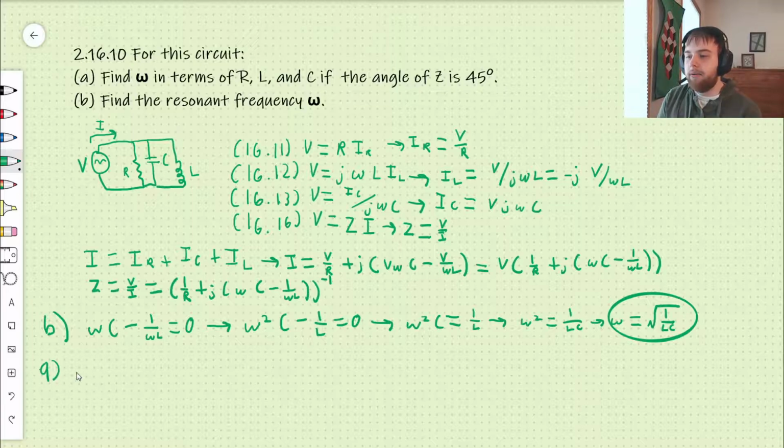Now for part A, which is a little more difficult. We want the angle of z to be 45 degrees. And that means that the real part is equal to the imaginary part for an angle of 45 degrees.